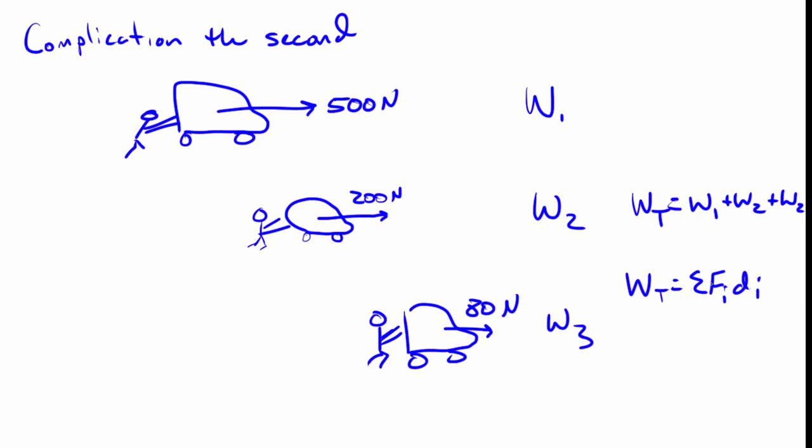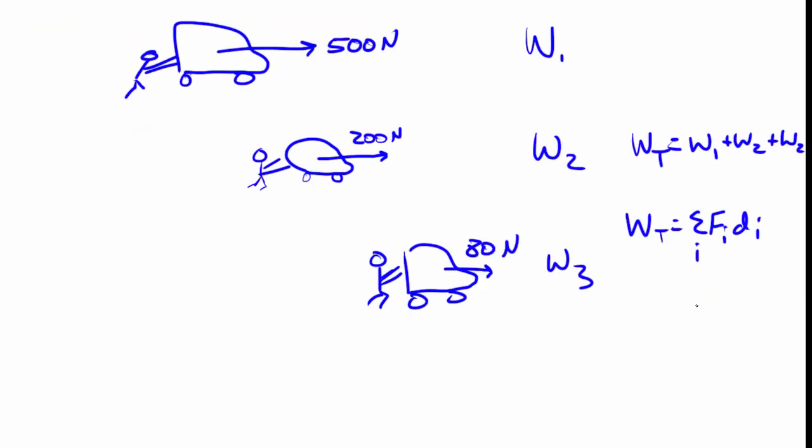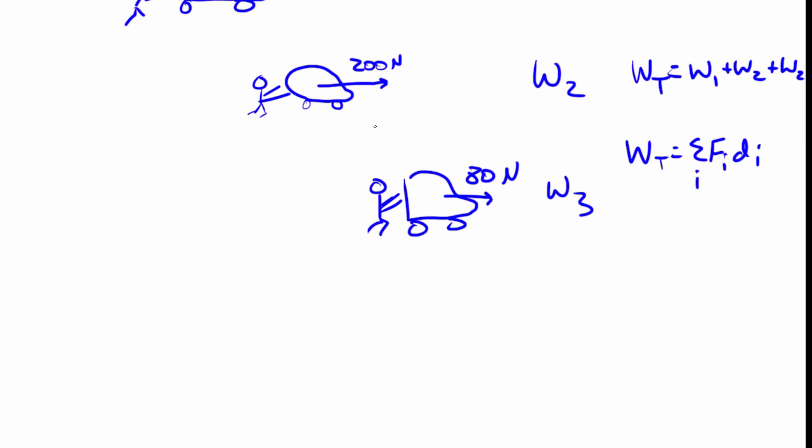If I write this down in a nice mathematical, consistent way, if I sum up all the different components of the force over the respective displacements, I can get the work. That's great, but in this example, I'm probably not just going from 500 newtons to 200 newtons, and then a few seconds later dropping down to 80 newtons. What happens if I'm going from 500 to 200 newtons nice and smooth? What changes things? Mathematically, how can I represent that?